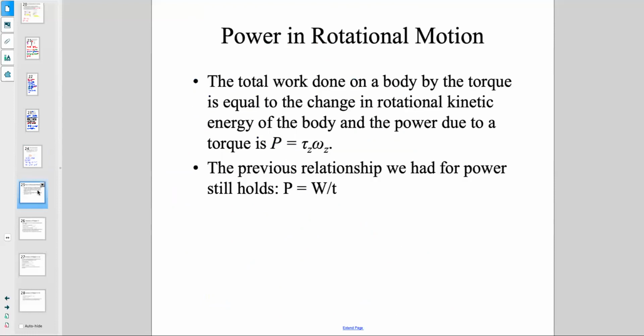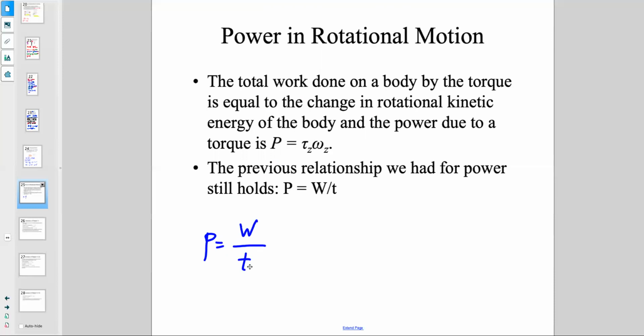Power in the rotational motion. The total work done on a body by a torque is equal to the change in the rotational kinetic energy of a body, and the power due to that is tau times omega. It's the same thing that we have had before. And the previous relation that we had for power, which was work done on an object divided by the time that that work was done, will give you the power.